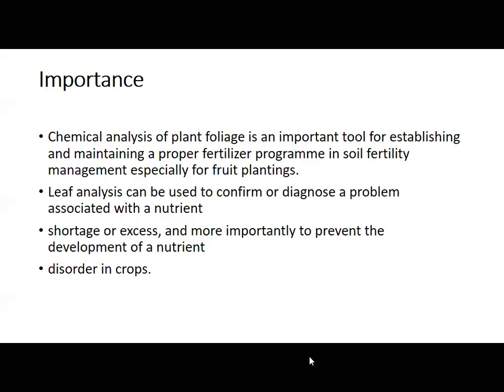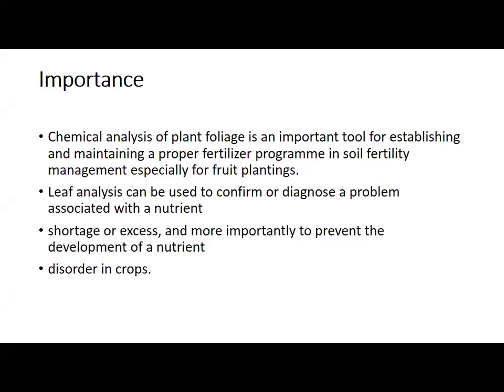By leaf analysis, we are able to conclude whether there is a problem associated with deficiency or toxicity of nutrients.